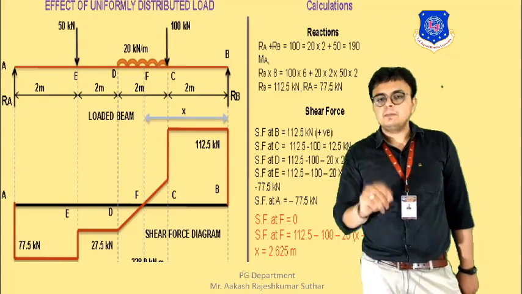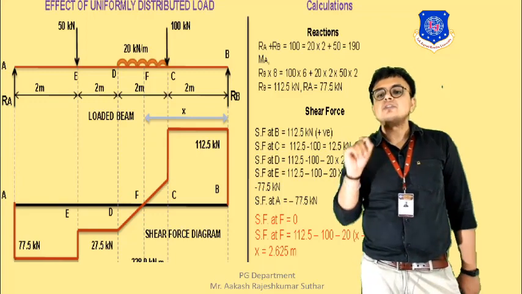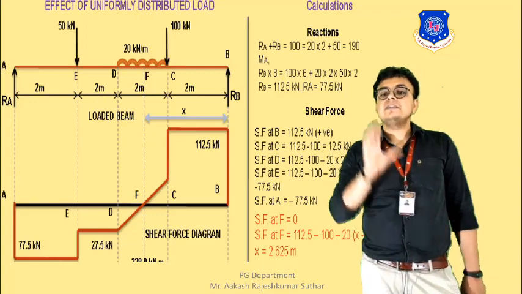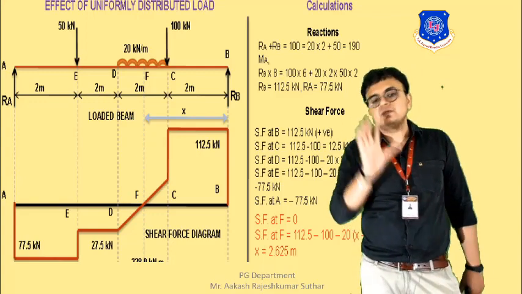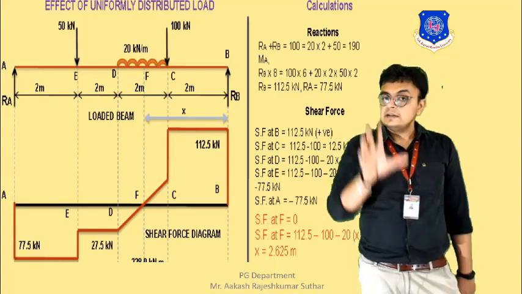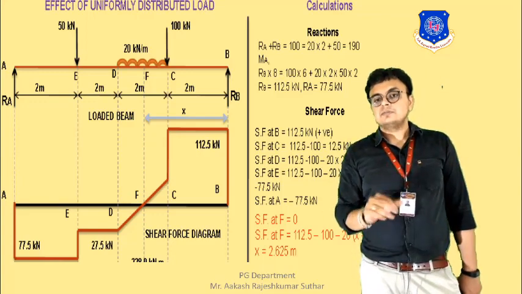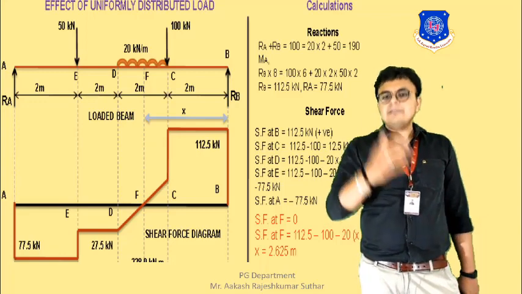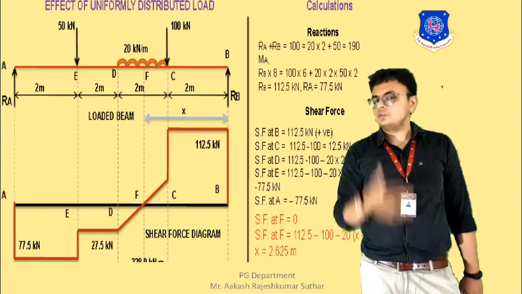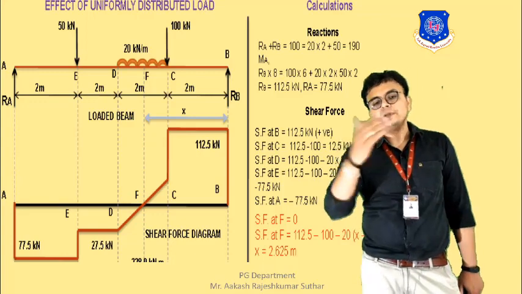So 12.5 minus 20 into 2. Ultimately we get the value of minus 27.5 kilonewton shear force at point D. The minus sign says that we are getting a negative shear force, so for that purpose we have to move below the line.